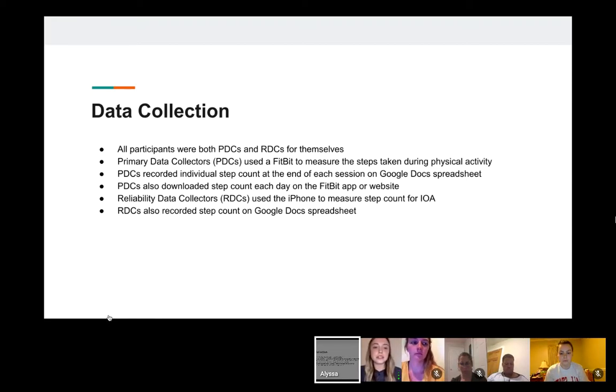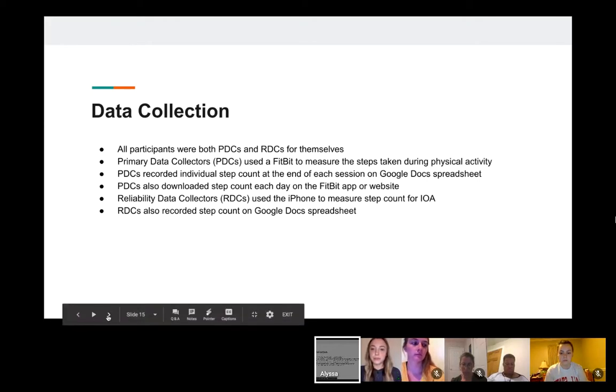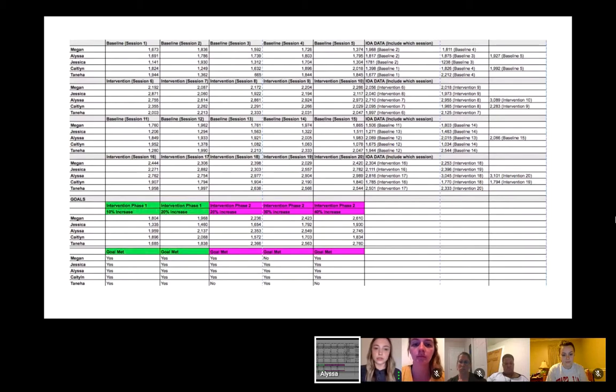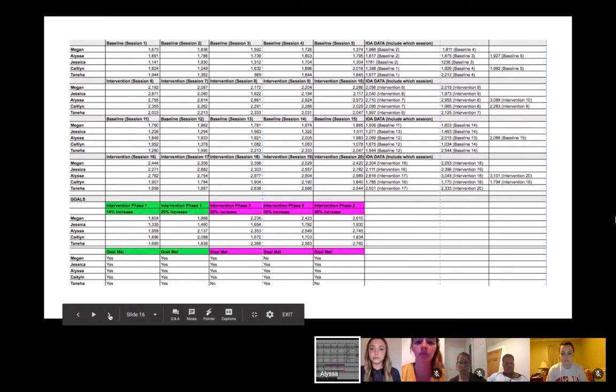The reliability data collectors used the iPhone to measure step count for IOA and recorded the step count on the Google Docs spreadsheet. And then this is the spreadsheet that we used with all of our names to the left in each session, as well as our goals that are on the bottom.